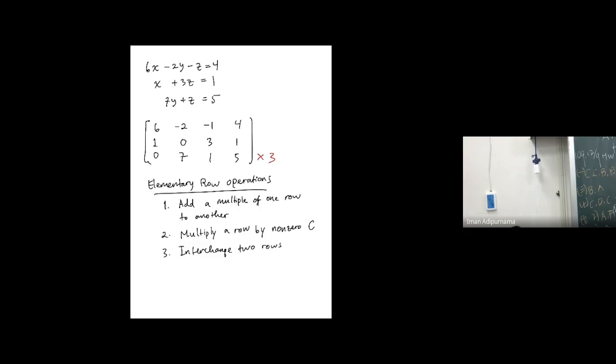And this 3 and 3, I can subtract, and I can rewrite: 1 minus 0 is 1, 0 minus 21 is minus 21, 3 minus 3 is 0, 1 minus 15 is negative 14.